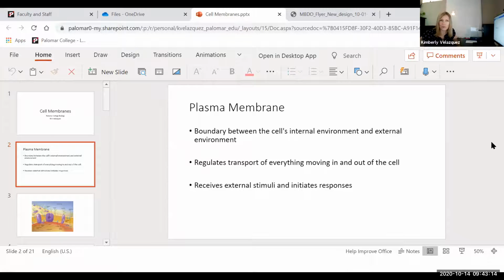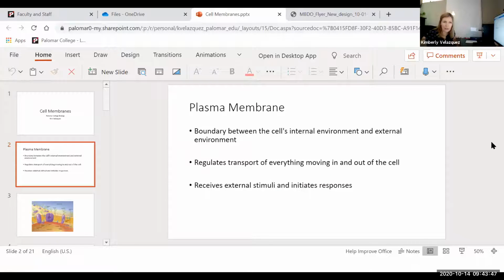And today I'm going to give you some additional information that will hopefully make it a little more clear about what types of materials can just easily move across the cell membrane through that phospholipid bilayer, which molecules can move across pretty easily, but they have to have a protein to facilitate that diffusion. And then when we actually have to use active transport to move molecules in and out of the cell. So really kind of three types of movement across the cell membrane.